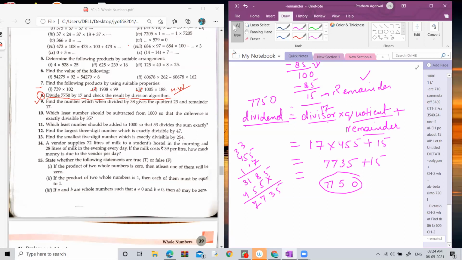For this quiz, I will send you a link on the chat. Everybody, in your chat box, I will send the link. What you have to do is go to the chat box and open the link. As you open the link, the quiz will start.